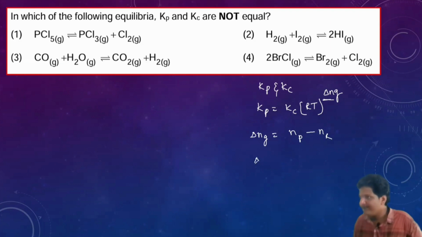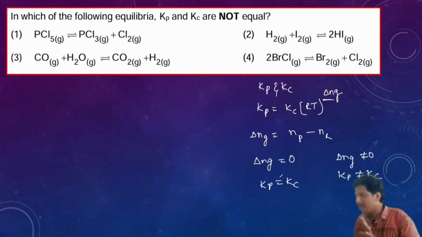If delta Ng is equal to 0, then RT to the power 0 becomes 1. In that case, Kp is equal to Kc. If delta Ng is not equal to 0, then Kp is not equal to Kc. Is it clear?